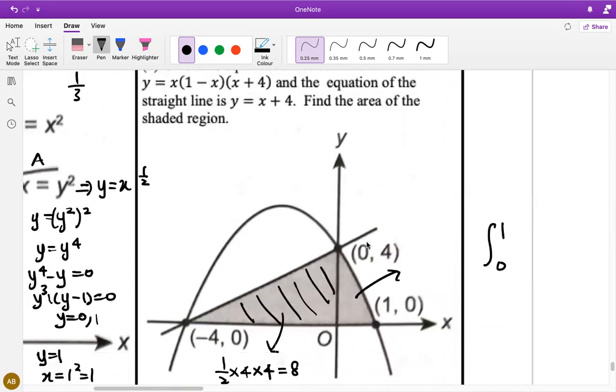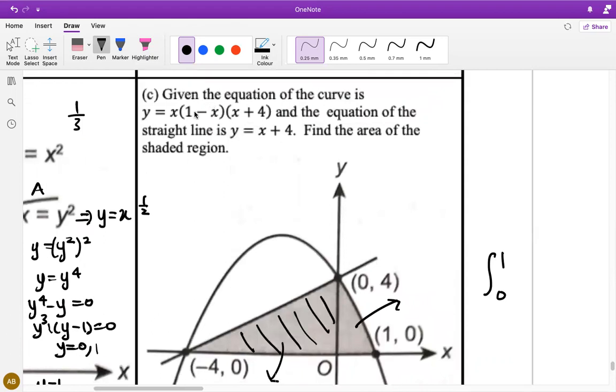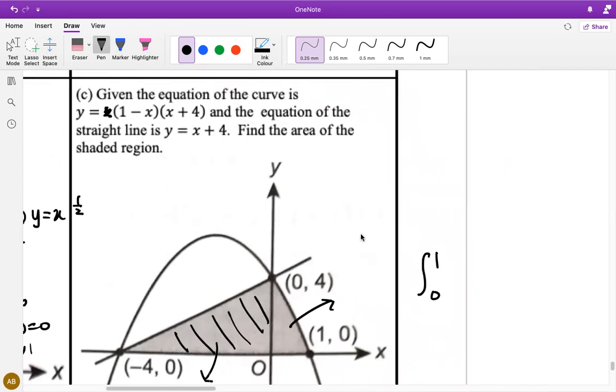The equation of the curve is x times 1 minus x. Is it correct? Sorry, equation. Right, there's something wrong here. So it is 1 minus x times x plus 4, right?